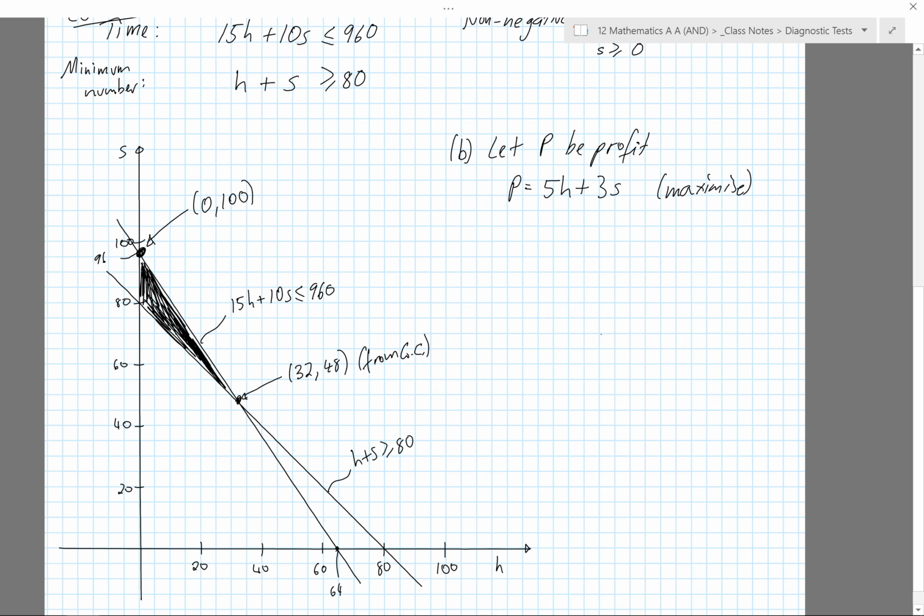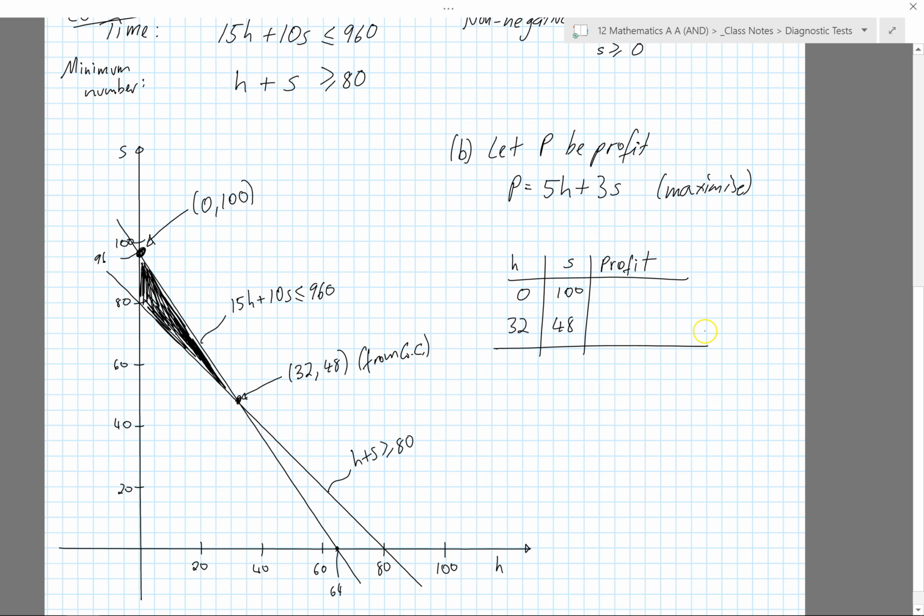Okay, so I'm trying to find what the optimum profit's going to be. So I'll make a little table with my number of hats and number of socks. Okay, and I'm trying to evaluate what the profit will be. So my ideas were to make 0 hats and 100 socks. Okay, that guy. Or to make 32 hats and 48 socks.